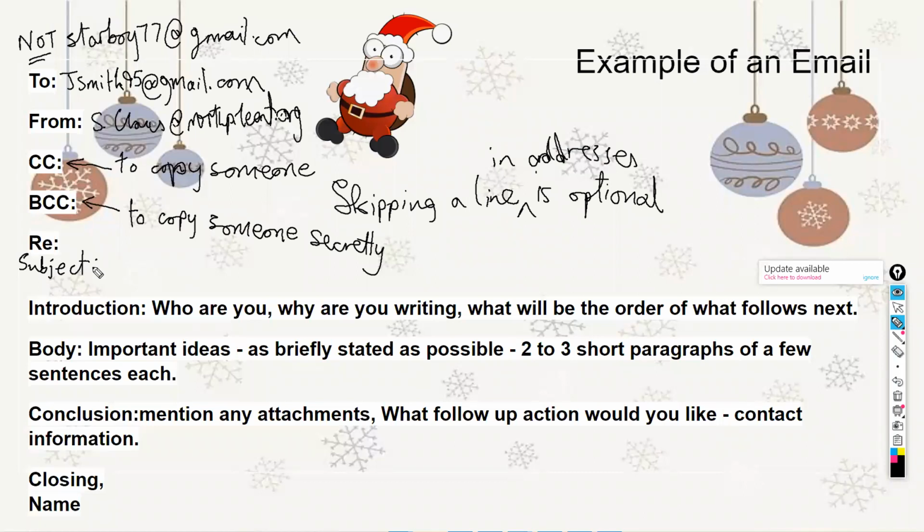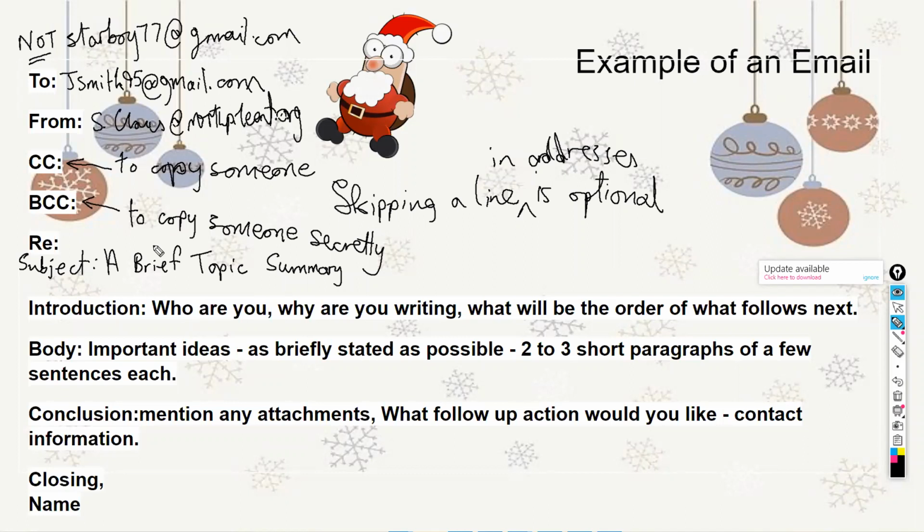So, just like with the subject lines for letters and reports, a brief topic summary, right? Like this. What is the email going to be about? So a brief topic summary.